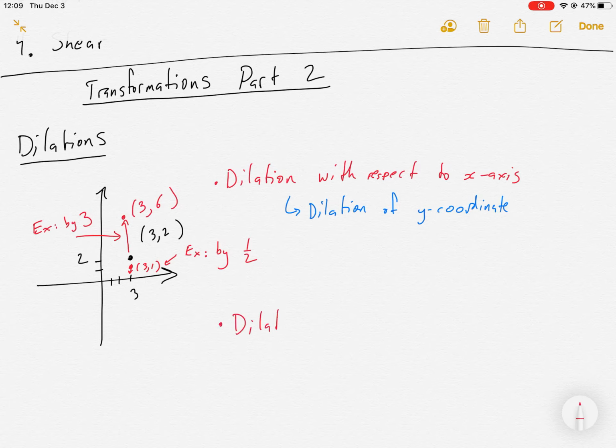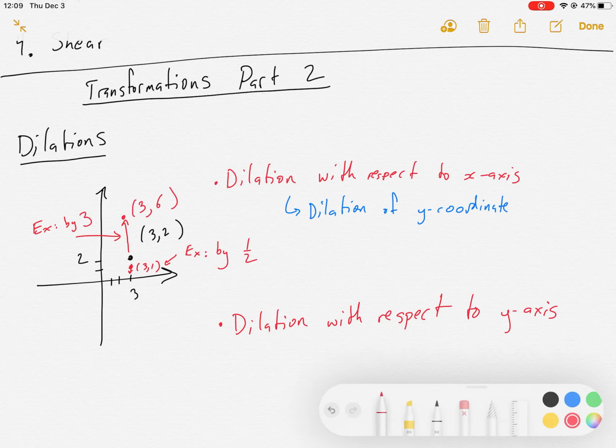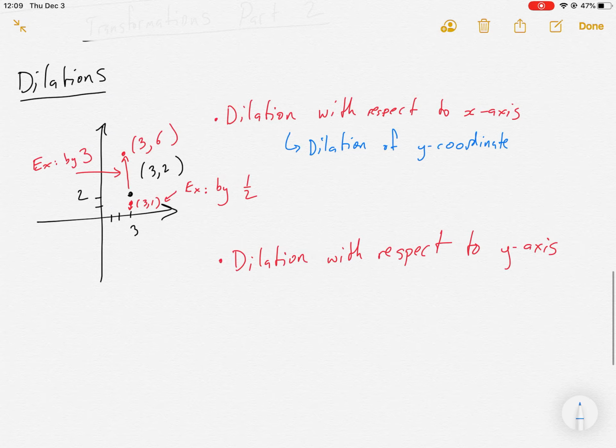Similarly, I could dilate with respect to the y-axis. And in this case, using similar reasoning as what we just saw, that would be dilation of the x-coordinate.